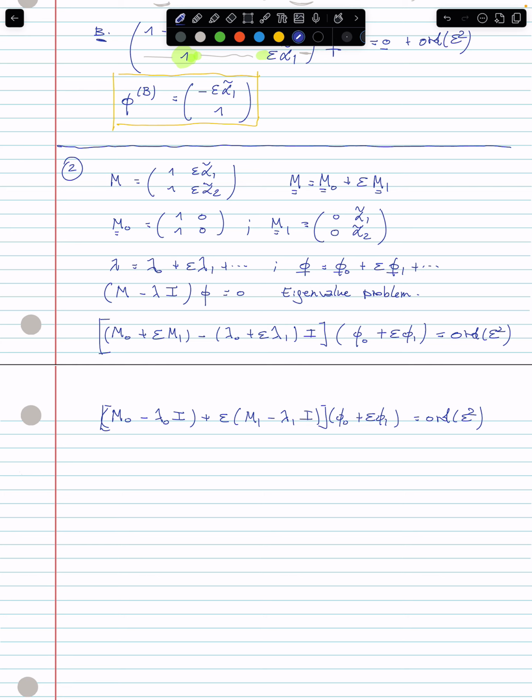At the end, it's not so difficult, right? We have the leading order here, which also corresponds to the unperturbed problem as expected. Then we have plus M0 minus lambda 0 I times phi 1, and M1 minus lambda 1 I times phi 0. So at leading order, we need to solve this.